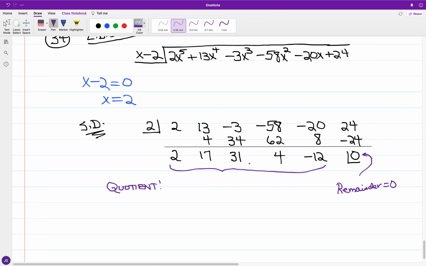So for the 2, 17, 31, 4, negative 12, this being in reference to 2x to the fourth, then we have plus 17x cubed, plus 31x squared, and we'll have plus 4x minus 12. So x minus 2 will go into this polynomial that many times as indicated by the quotient.